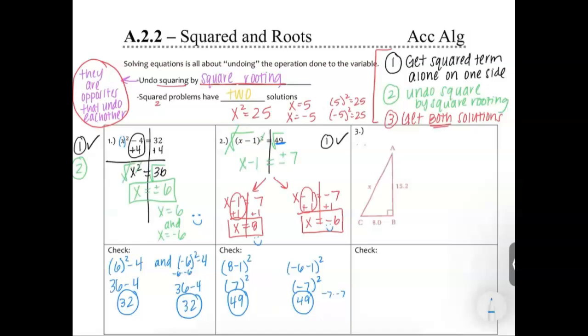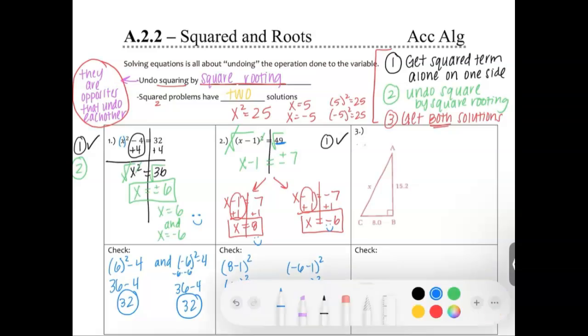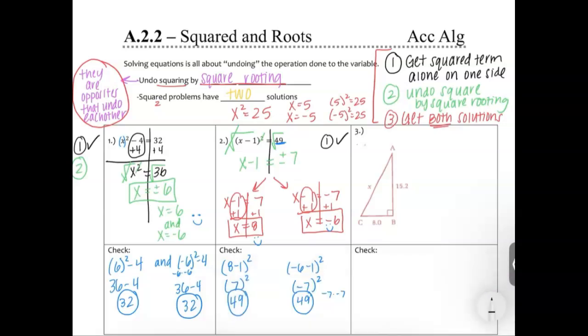Now number 3 is a little weird because we have a triangle and you're like, there's no equation. But remember Pythagorean theorem, hopefully you've heard that a little bit before, where it says a squared plus b squared equals c squared. These two sides, a and b, make the right angle.